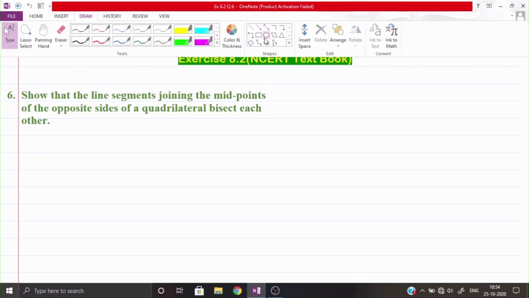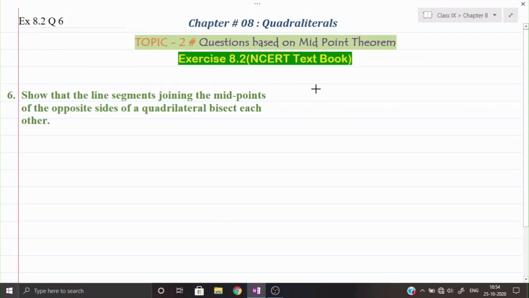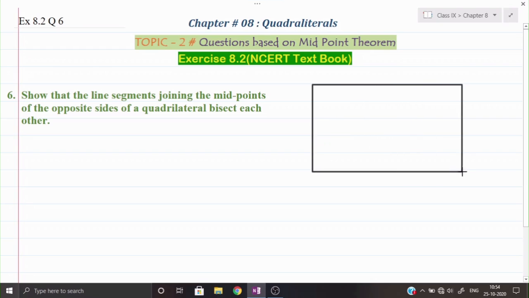Suppose we are given a quadrilateral. I am drawing a simple rectangle, but I will suppose it as a quadrilateral. Okay, so this is my quadrilateral.